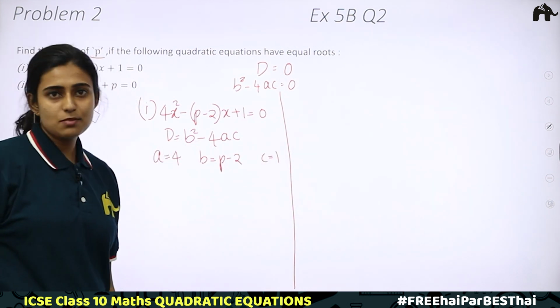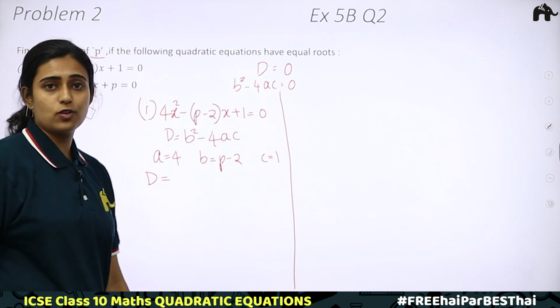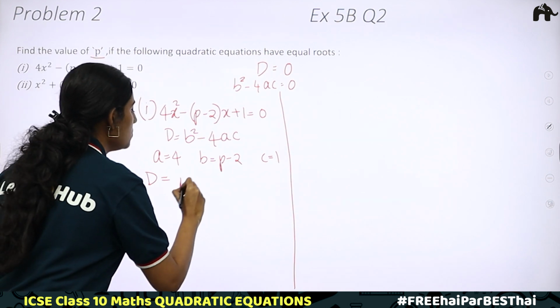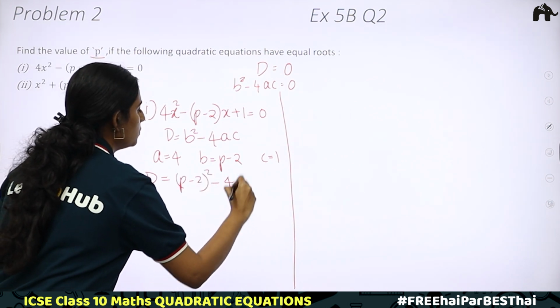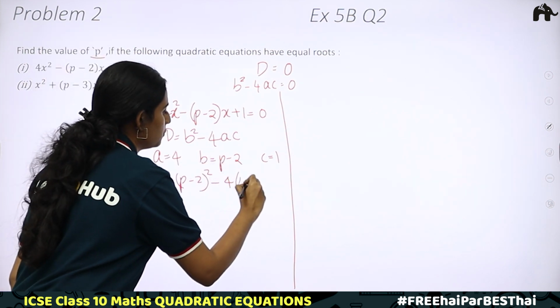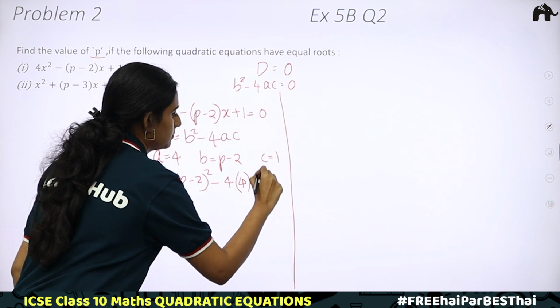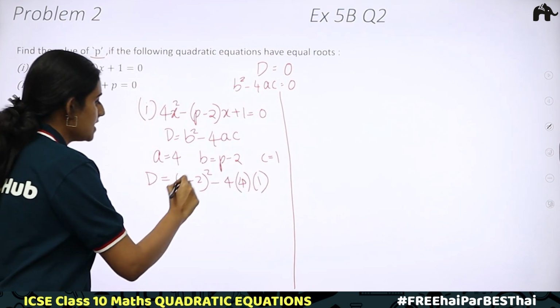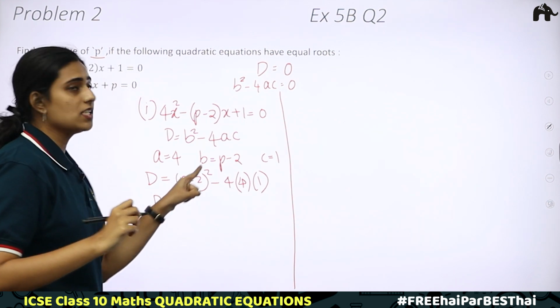Now we can find discriminant. D is equal to B square minus 4AC. (P minus 2) whole square minus 4 into A is equal to 4. What is C? C is equal to 1. Okay. That is D is equal to (P minus 2) whole square.